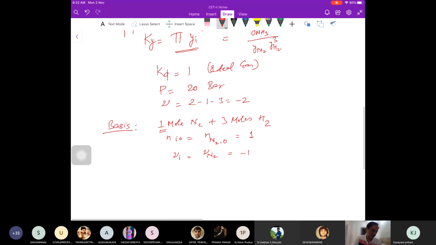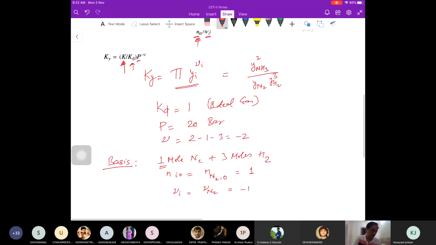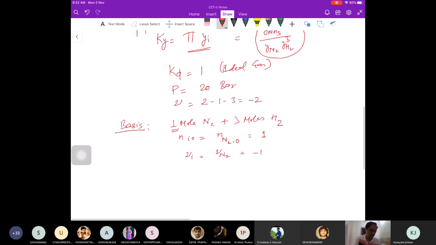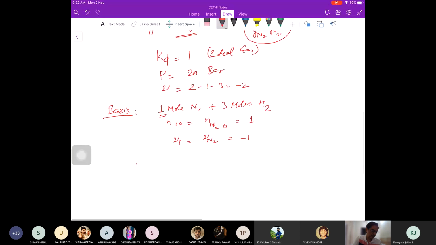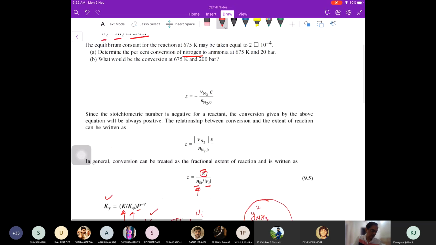How will you find epsilon? Because now we know ky, we need to write this in terms of epsilon and solve it, right? So how do you write y ammonia, y nitrogen, y hydrogen in terms of epsilon?